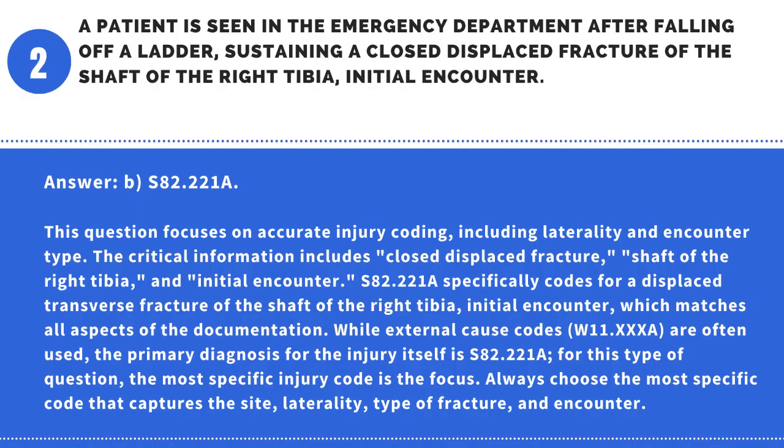While external cause codes, W11.XXXA, are often used, the primary diagnosis for the injury itself is S82.221A. For this type of question, the most specific injury code is the focus. Always choose the most specific code that captures the site, laterality, type of fracture, and encounter.